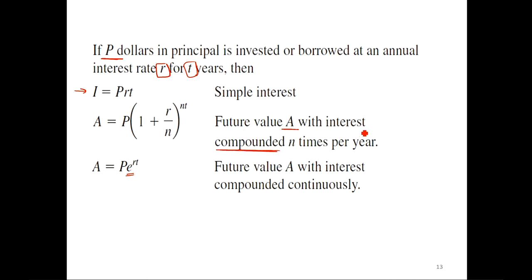Okay, but the future value A with interest compounded: this is simple, but this is interest compounded n times per year. So we can use this formula. But if we have interest compounded continuously, without a specific value of n times per year, we can use this one.